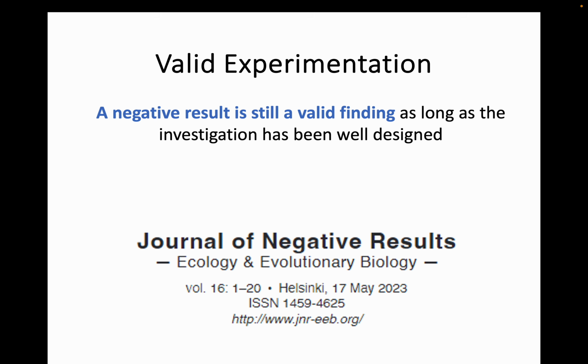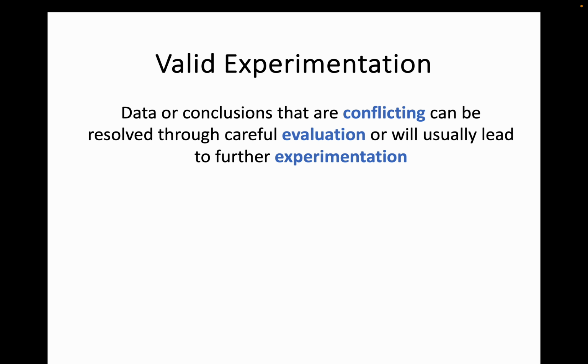If your investigation is not well designed, if there's a lot of confounding variables that have messed things up, if you've only done it once and not repeated it, a lot of other factors as well, then no one will really bother about this because there's no proof that this was a well-designed experiment. However, if it is well designed, a negative result is still a valid finding. And in fact, just using an example here, there is actually a journal, an academic journal, that literally just uses these negative results because they are all still very scientifically relevant.